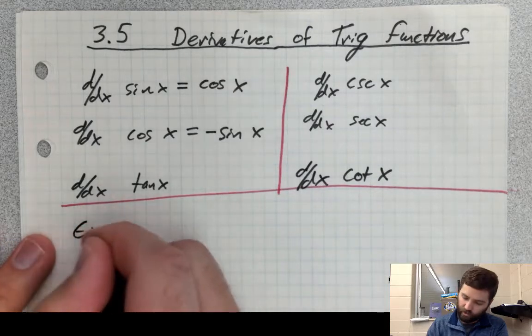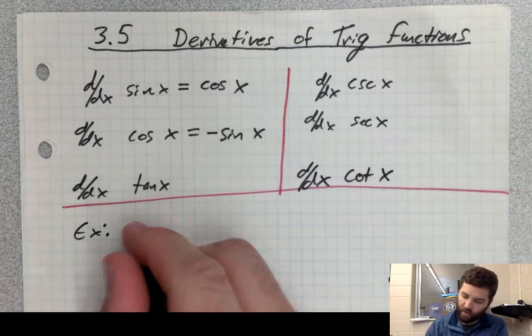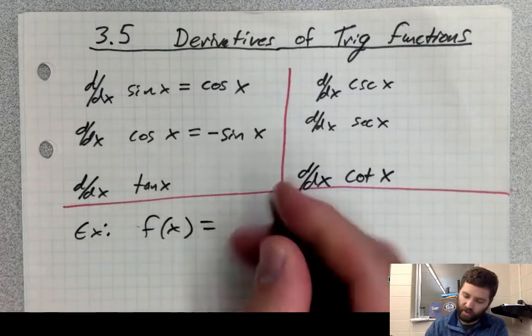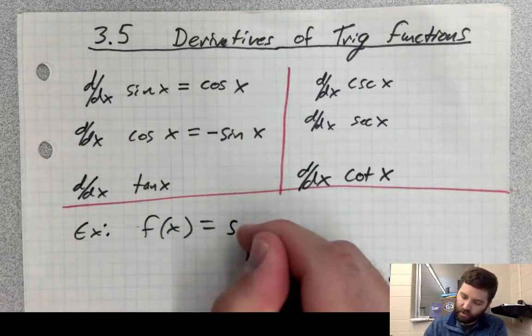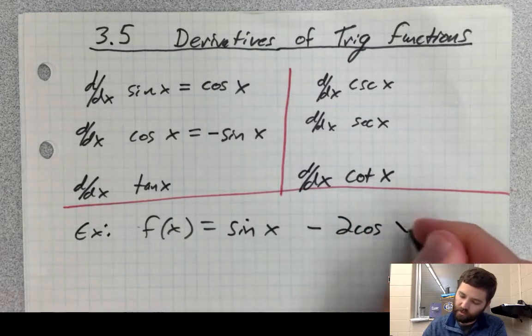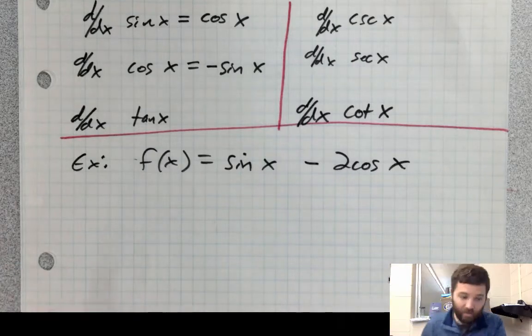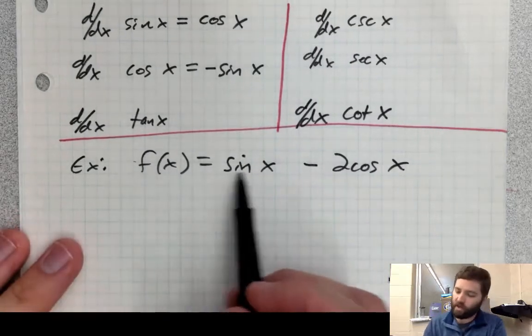So first example here. All of the rules that we learned previously still apply. For instance, if I want to take the derivative of f of x equals sine of x minus 2 cosine of x, what we would do is just derive each piece individually.